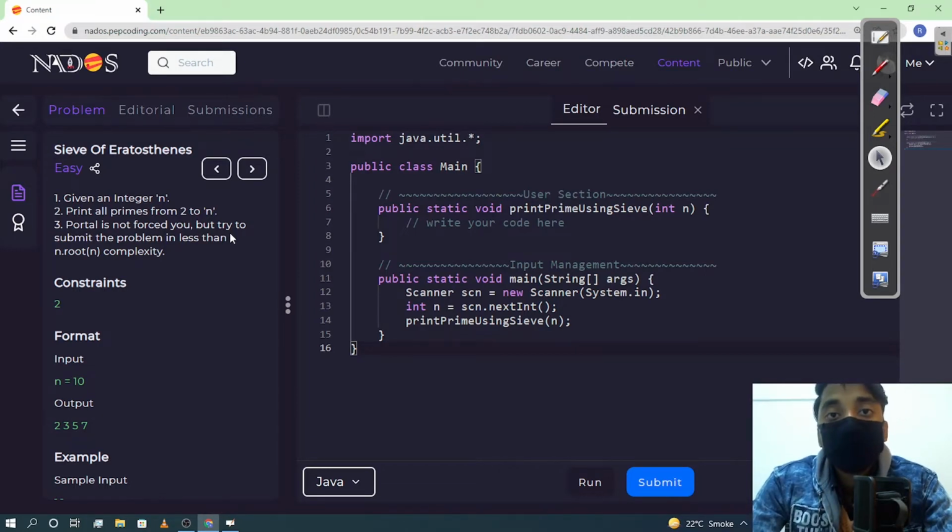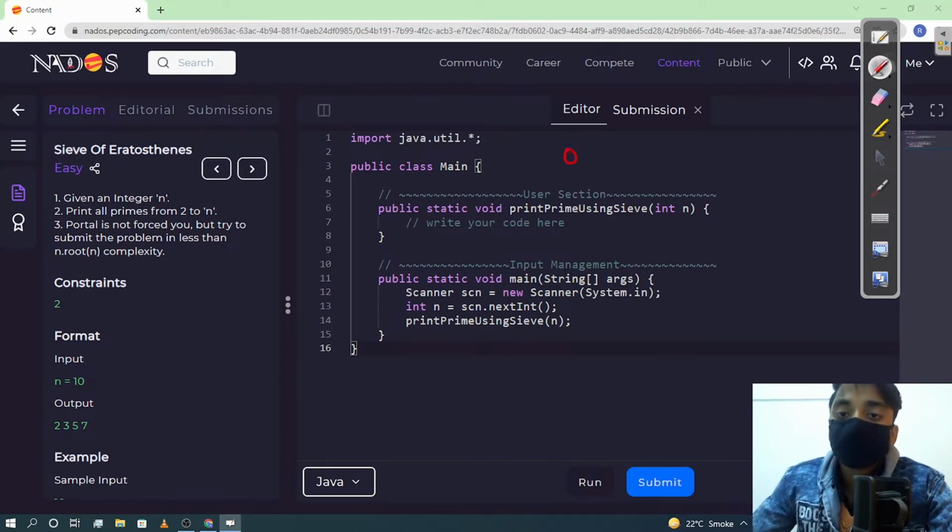In level 1, we found whether any number is a prime or not in time complexity of O of n, and also we found a prime in O of under root n.